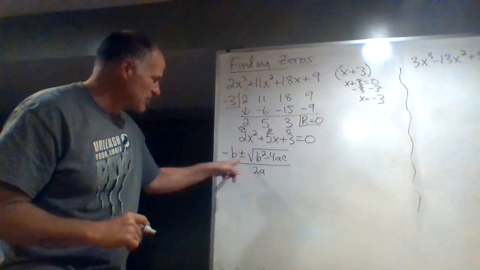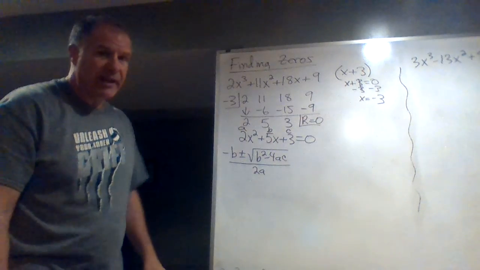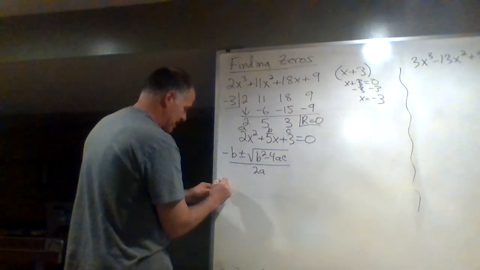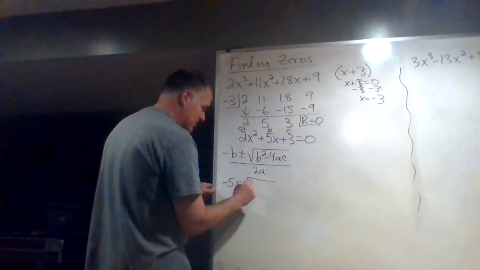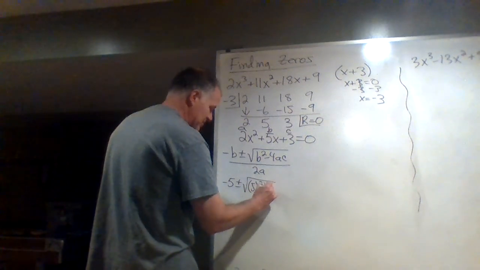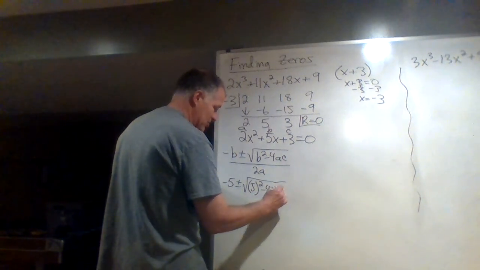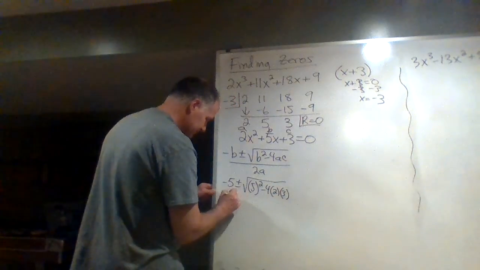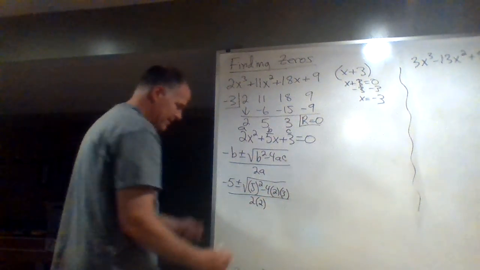Okay, so anyway, remember, we just plug the numbers in and simplify and see what we get. So a negative in front of b, now b is 5, so negative 5, plus or minus, b squared, so 5 squared minus 4, parenthesis a is 2, parenthesis c is 3, all over 2 times a.